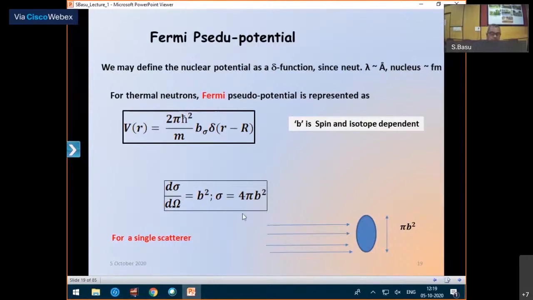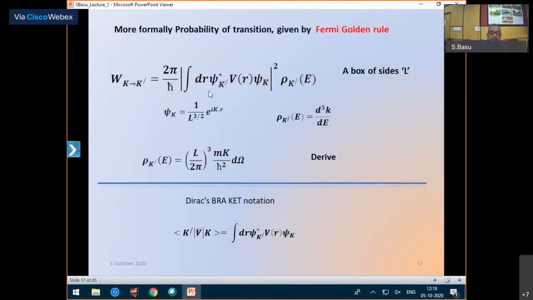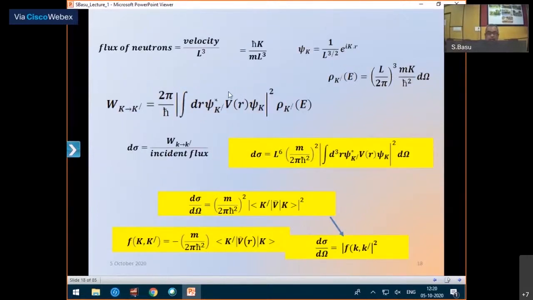Let me again mention it to you. I started with the Fermi golden rule for a scattering process in which, without any energy exchange, the neutron goes from k to k prime. The expression is this. Then I put V of r as a delta function potential, as I explained some time back, because the nuclear dimension is much smaller than the neutron wavelength.